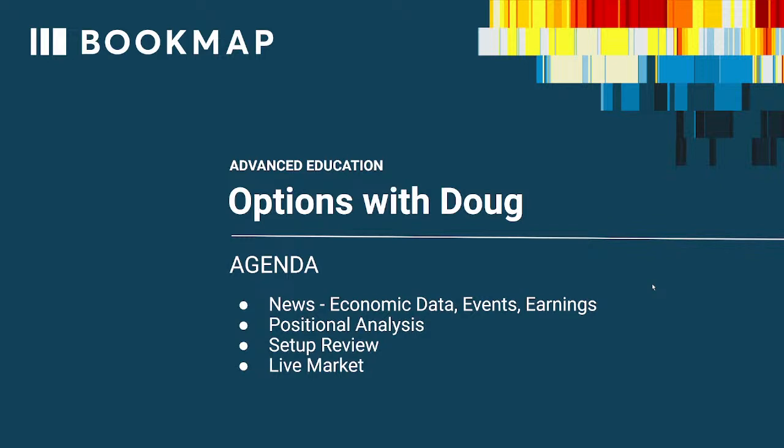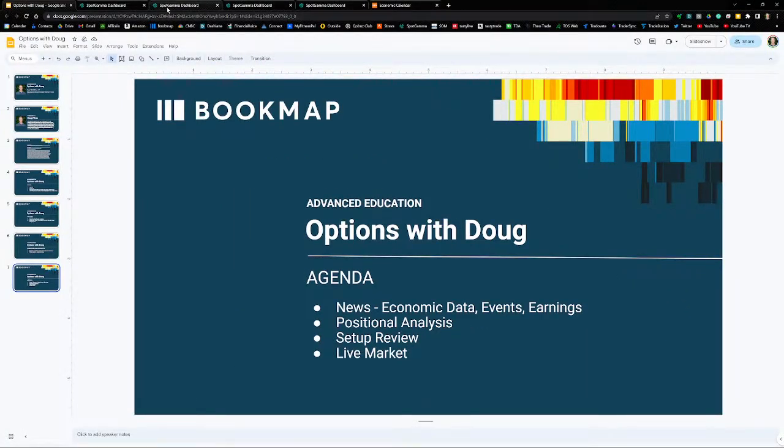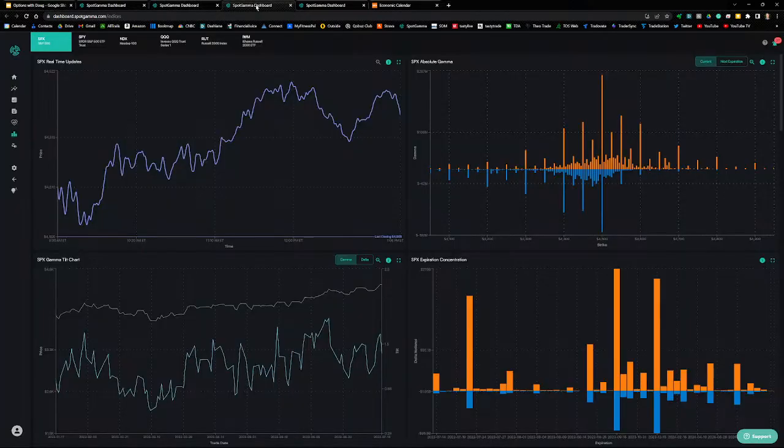And just to point out, the expiration on Friday is a call dominated expiration. So I'm going to show this chart right here. This is the expiration concentration for SPX, and this is showing delta notional at the various expirations.